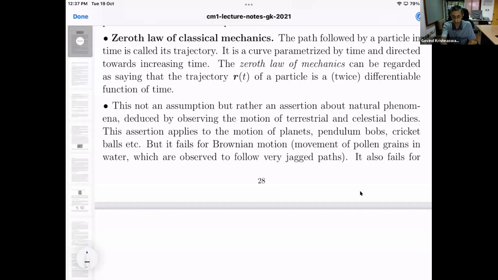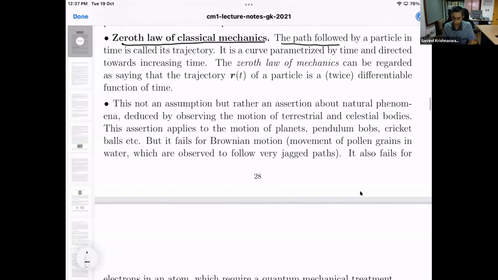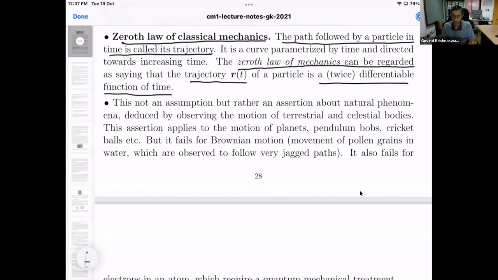First of all, what we would like to regard as the zeroth law of classical mechanics is the statement that the path followed by a particle in time, which is called its trajectory, the zeroth law states that for bodies such as tennis balls and planets and so on, the trajectory r of t is a twice differentiable function of time. Okay?